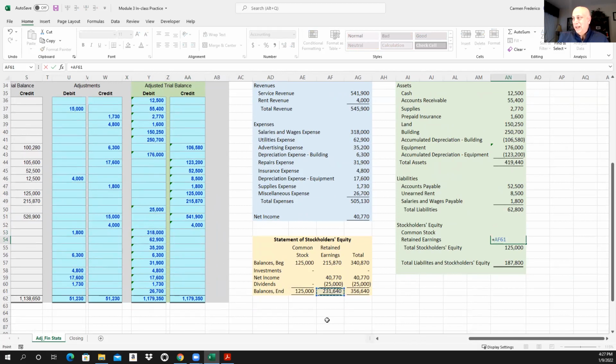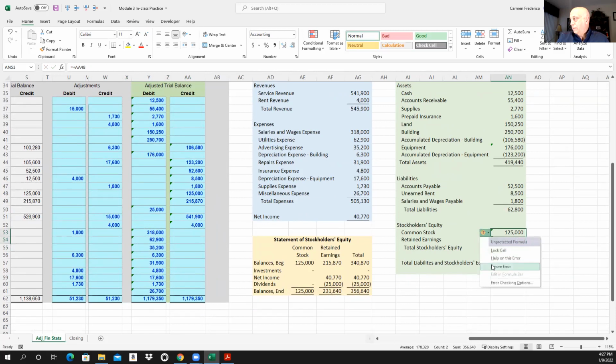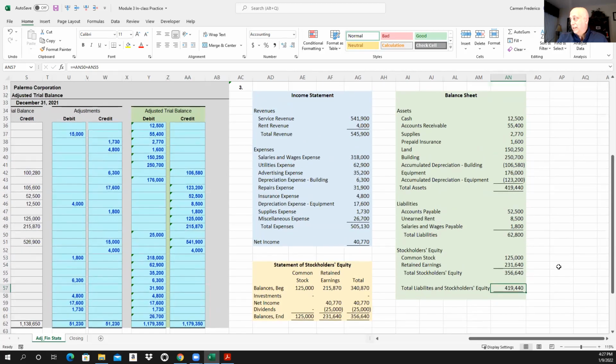So we're going to take it from the statement of stockholders' equity. And you notice that when we do that, our assets of 419,440 equal our liabilities and stockholders' equity of 419,440. Okay, it's a beautiful thing.